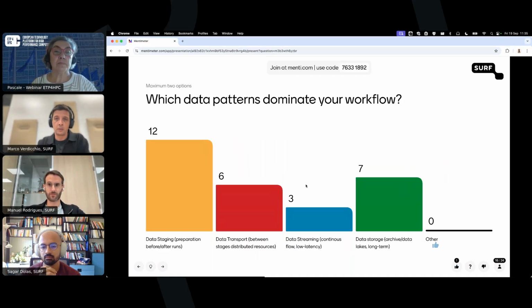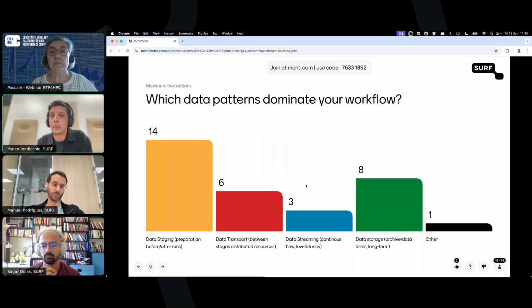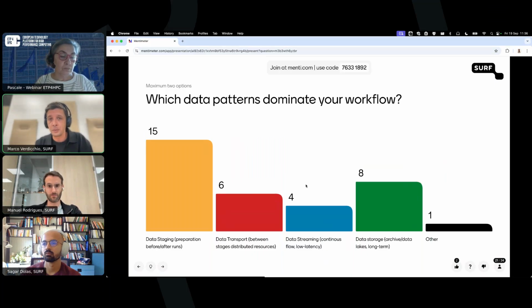In the meantime, while we wait for the answers, in the Google form that we will provide after the meeting, there is also a part, of course not mandatory but very much appreciated, where you can describe in more detail the scientific domain and the technical characteristics of your workflow.